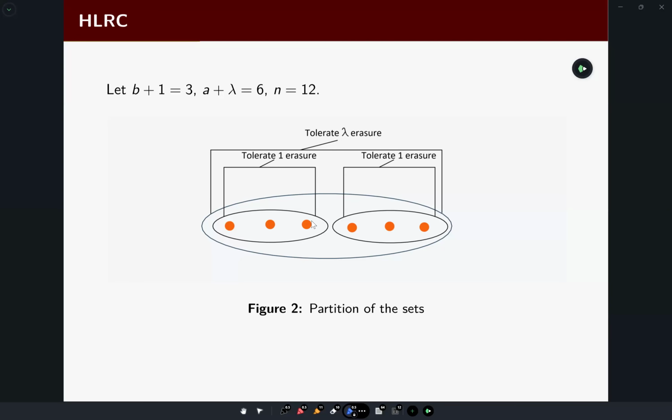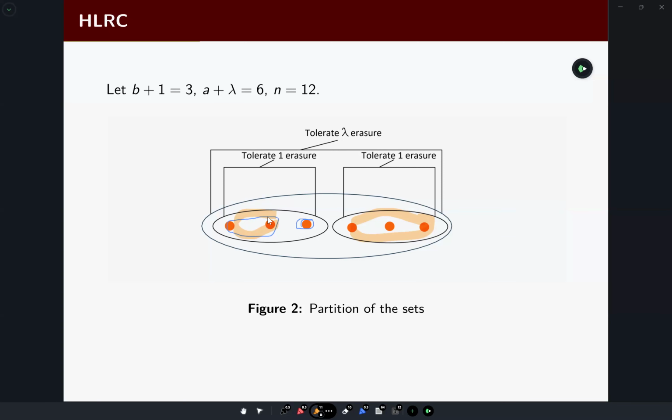In this situation, if I want to recover this lost symbol, I can either look at 2 symbols here because they are inside the same locality set, or I can look at those 2 symbols and those other 3 if I want to correct multiple erasures.